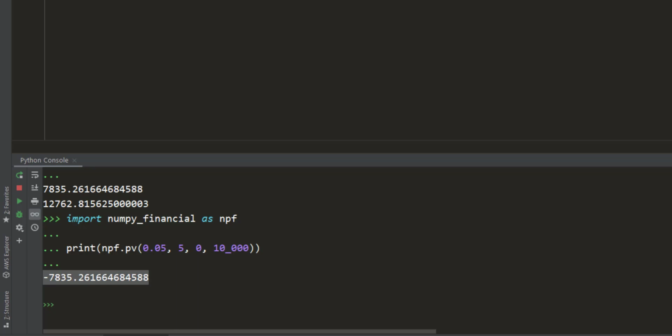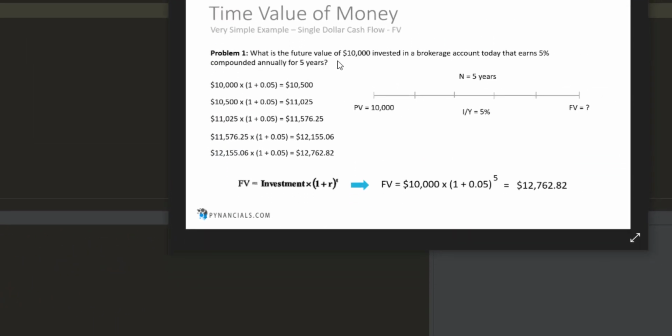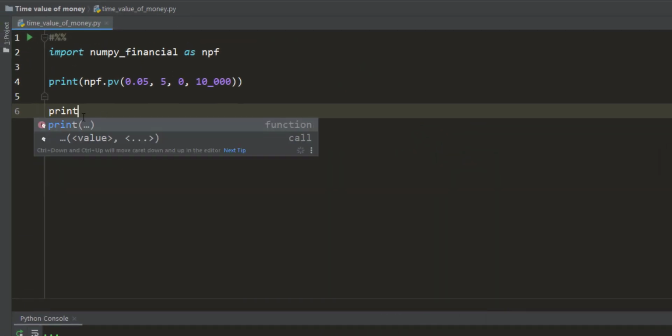Let's do the second question, our future value question. Let's have a look at it. What is the future value of 10,000 invested in a brokerage account today that earns 5% compounded annually for 5 years? So we have the $10,000 as our present value that we are going to invest today. And then we have a 5% interest rate and 5 years as our duration. So let's just put it into this easy formula.